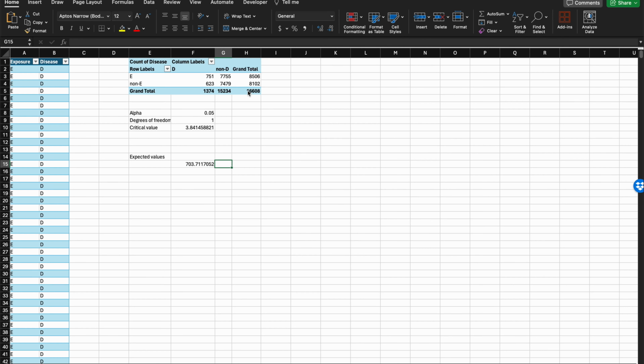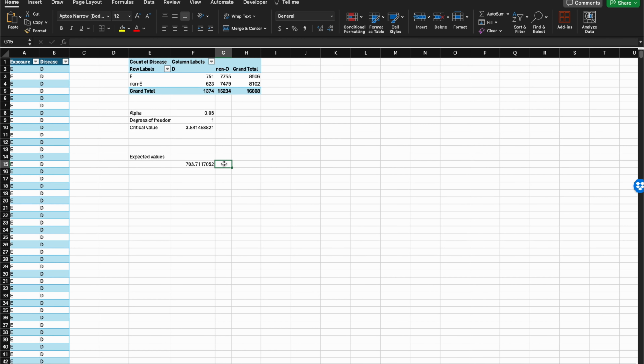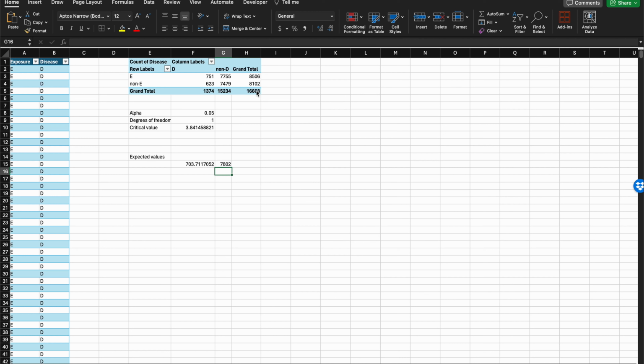So let's go to the second cell in this first row. That's 7755. So to calculate its expected value, I'm going to go equal its row total times its column total divided by the sum total. And I get 7802. Now let's move down to the second row, the first column.